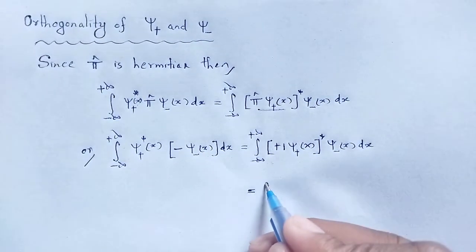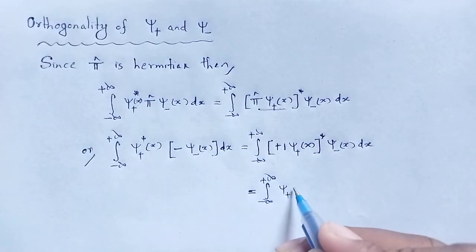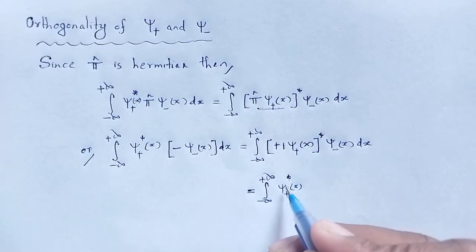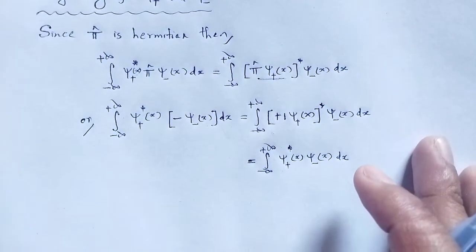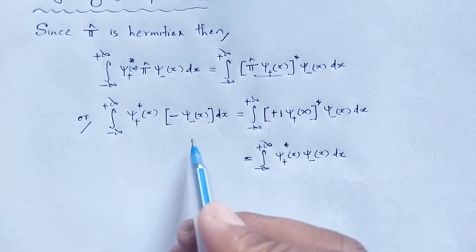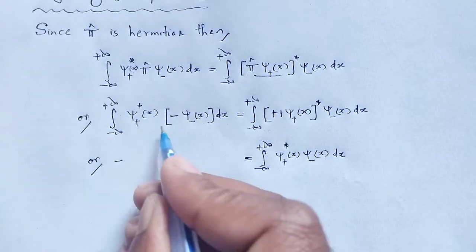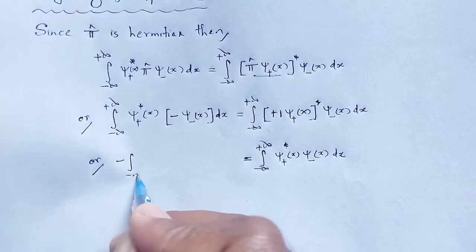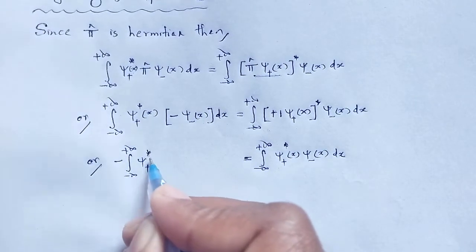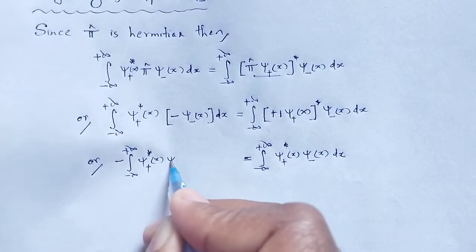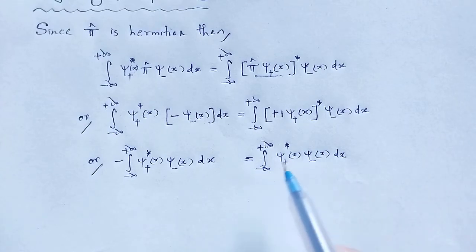Taking its conjugate as minus infinity to plus infinity psi plus x star psi minus x dx, and that value, that is minus, taken outside, integration over minus infinity to plus infinity psi plus star x psi minus x dx is equal to that one.